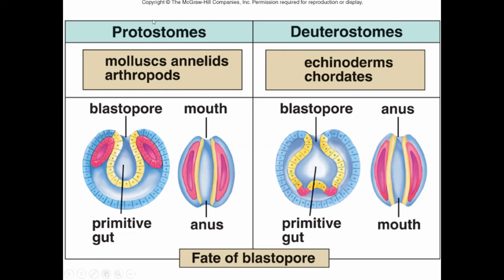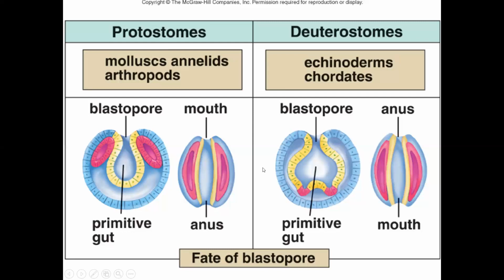At some point this ball of cells forms a little indentation. Take a ball of dough, play-doh, clay, whatever you can relate to, and stick your finger into it and make an indentation. You can see we've got two different indentations here. They have different shapes, actually.